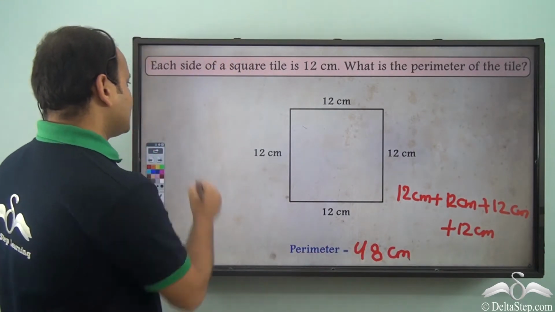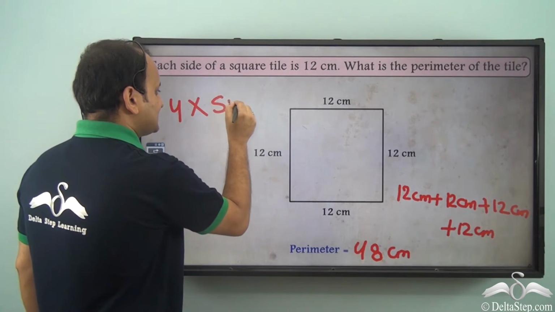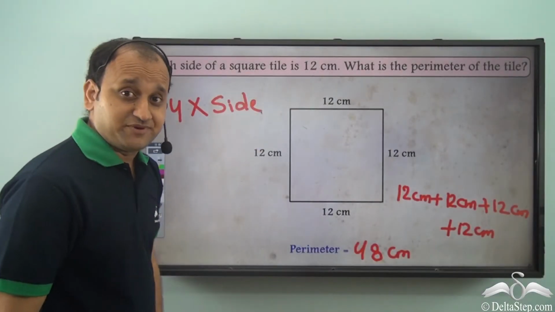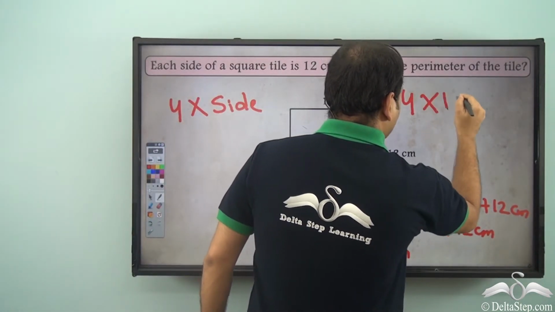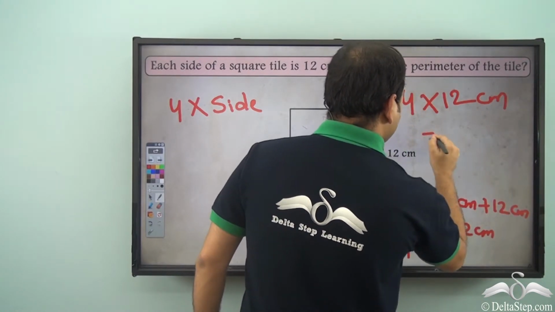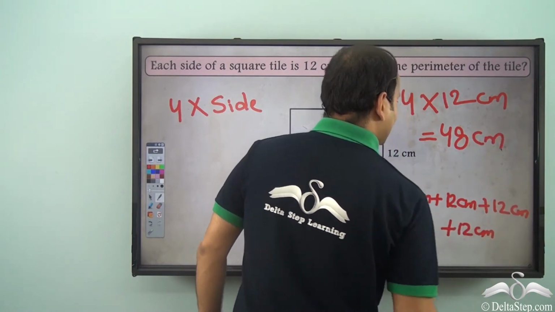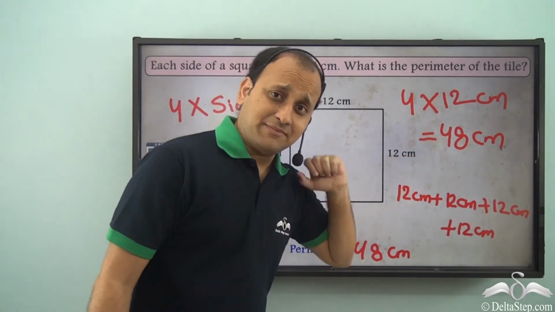Well, it's 4 into side. And what is the side here? It's 12 centimeter, right? So 4 into 12 centimeter, which is 48 centimeter.